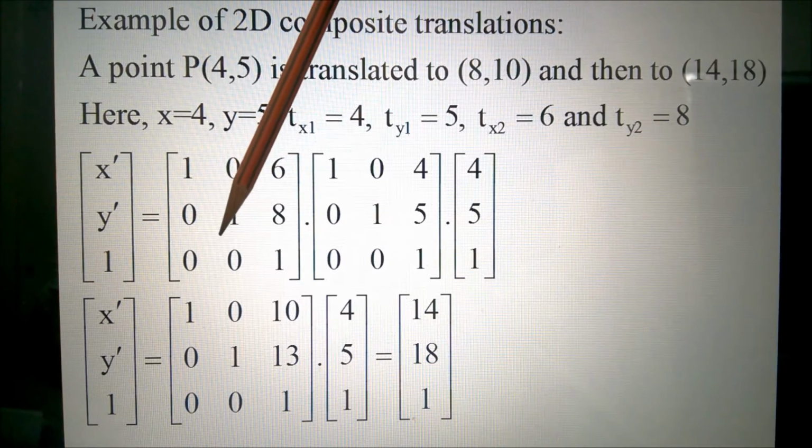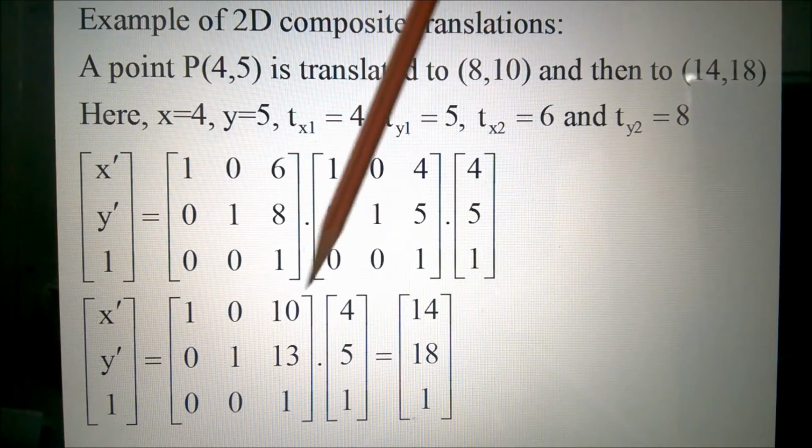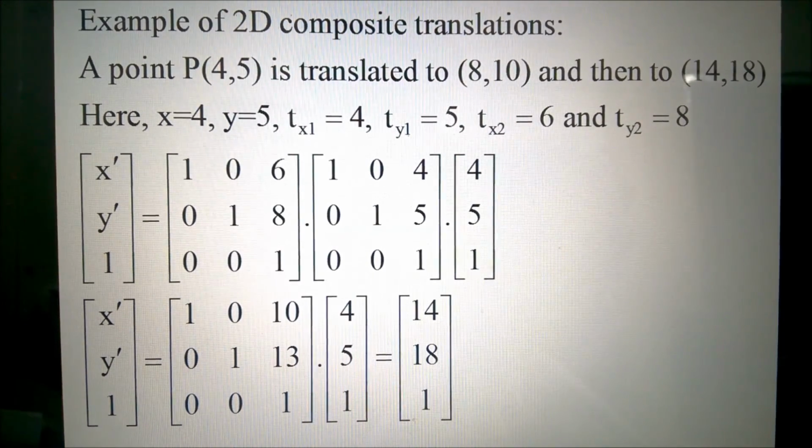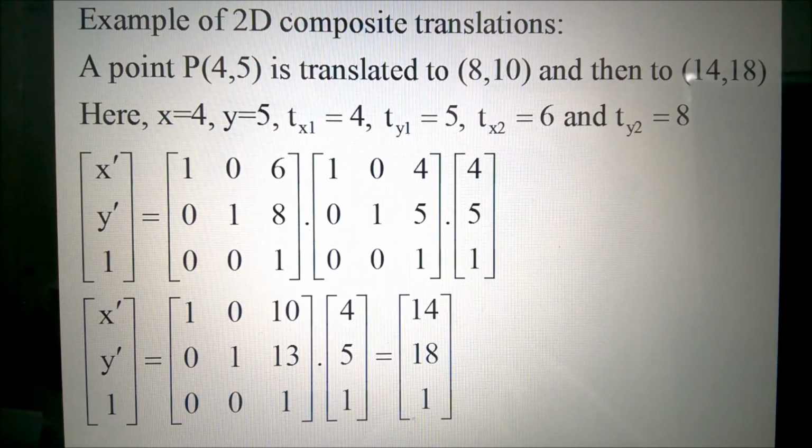Now if you multiply this matrix with this matrix, you come to a single matrix, and this is called the ultimate transformation matrix. If you multiply it with the original coordinate, you will get the final coordinate, and that is very advantageous when working with homogeneous coordinate matrices. And that is all about the translation transformation.